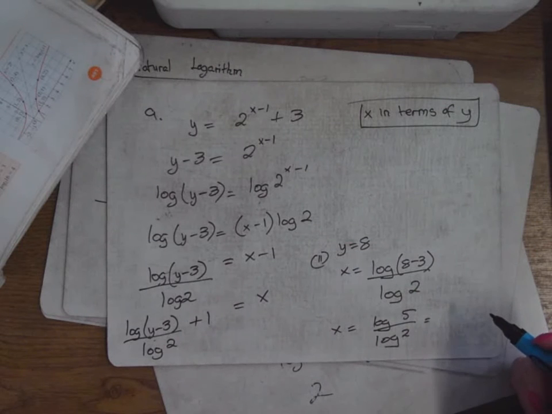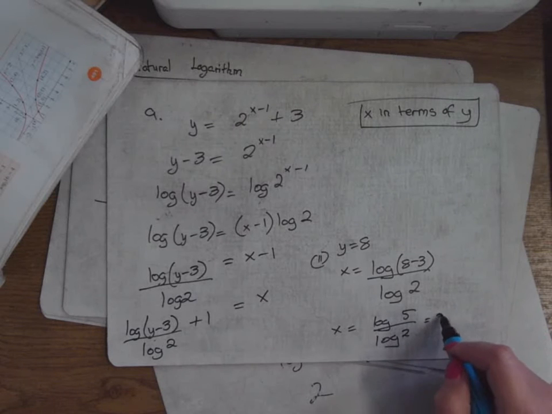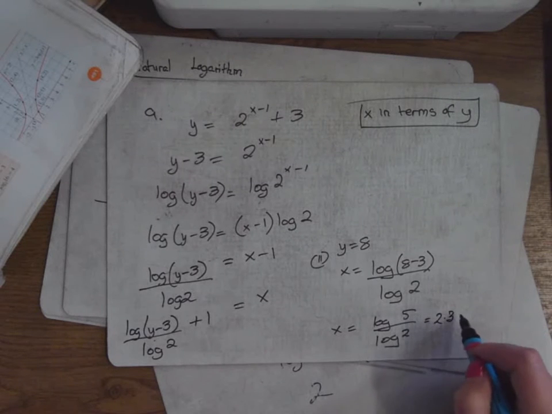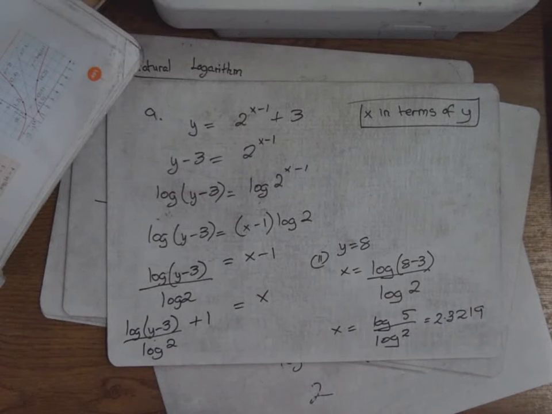So log of 2 close bracket equals, and they said correct to 4 decimal places, so 2.3219 is what I got. Is that alright? Are we good with that? Yeah.